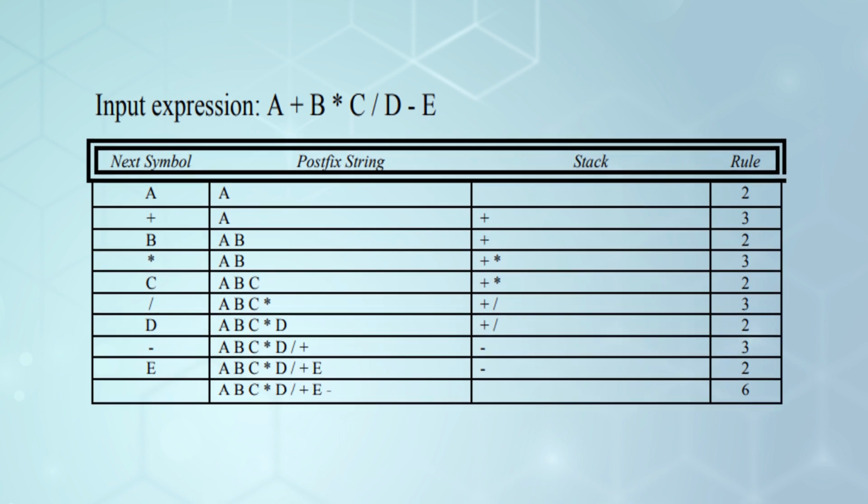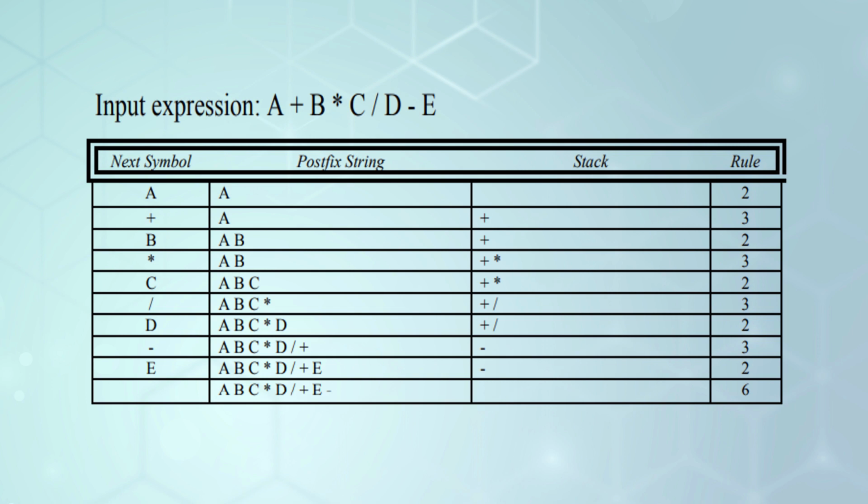Let us discuss this input expression with an example: a plus b asterisk c slash d minus e. Here we will be reading the characters from left to right. The first character encountered is an operand, so it will be added to the postfix string.